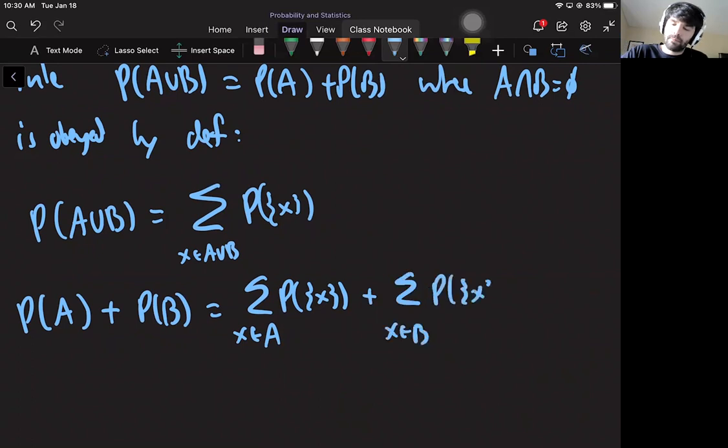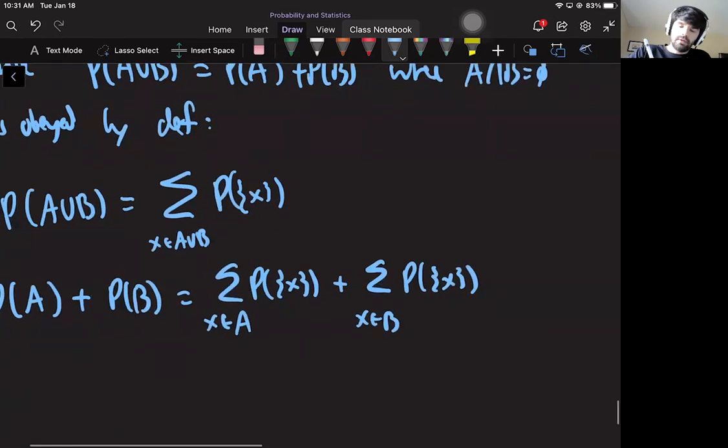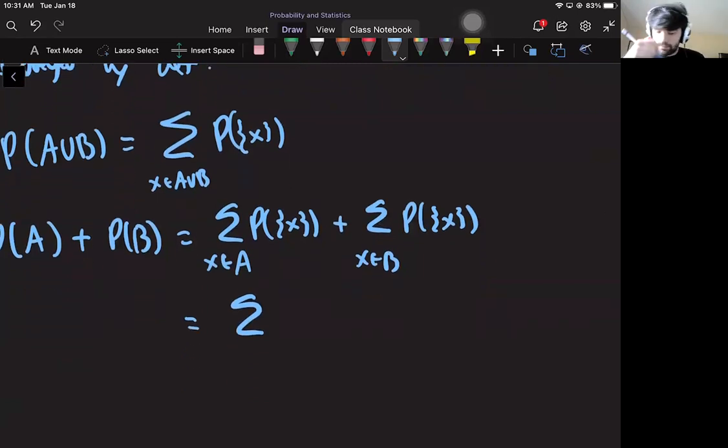So this is just saying the probability of A you get by doing the probability of each outcome in A plus, and then the probability of B you get by doing the probability of each outcome in B, and then you can just put them together because there's no overlap, because this is the empty set.